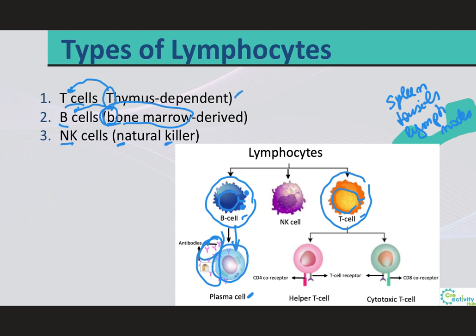And as we can see from this image, there are two main types of T cells, which are the cytotoxic T cells, which are also known as CD8 positive T cells, and the helper T cells, which can also be called CD4 positive T cells.